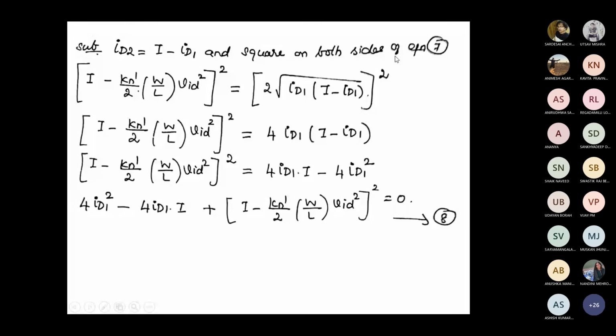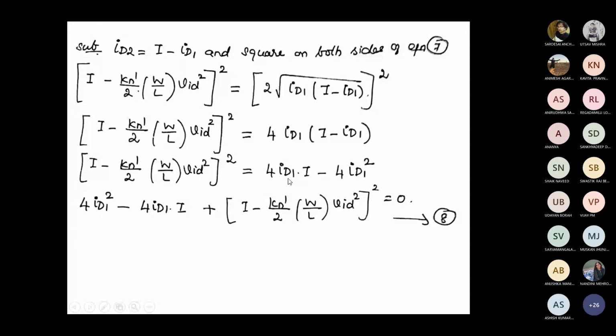So we are squaring both sides, and here it becomes 4 ID1 into I minus ID1. So we are expanding this as 4 ID1 into I minus 4 ID1 square.